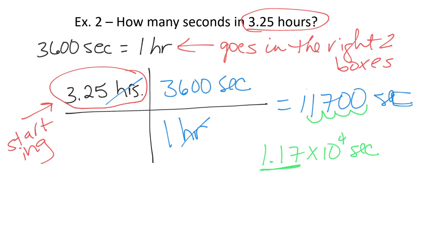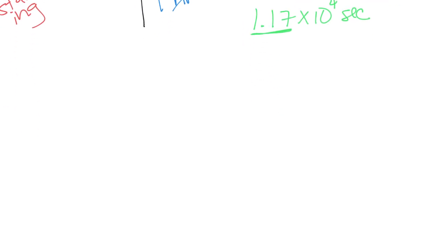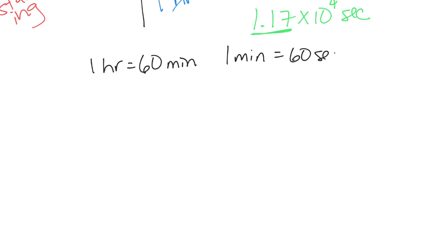Okay, so let's try this doing a 2-step conversion, since we know what hours and seconds are and I don't have to look anything up. Okay, so let me move this up a little bit. So this time our conversion factors are 1 hour is 60 minutes and 1 minute is 60 seconds.